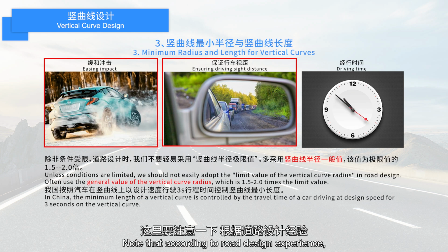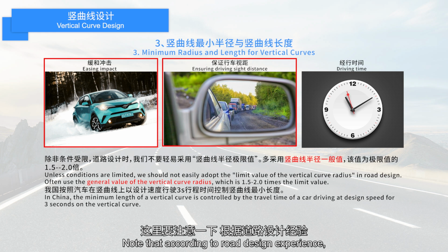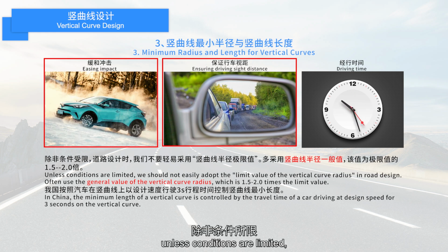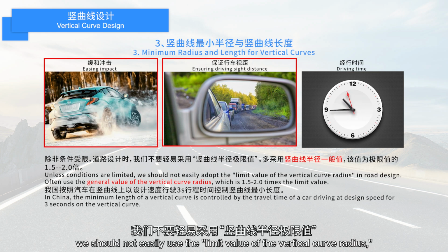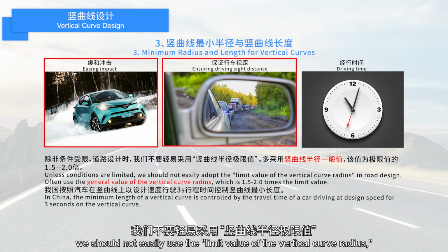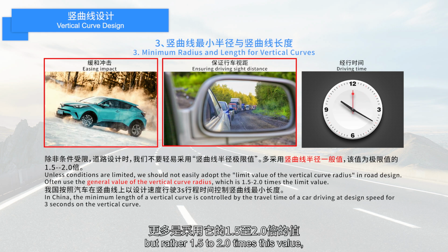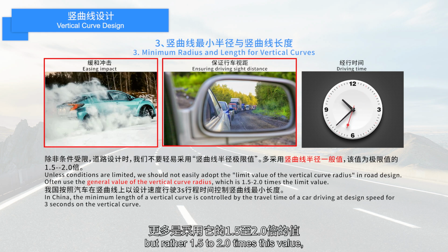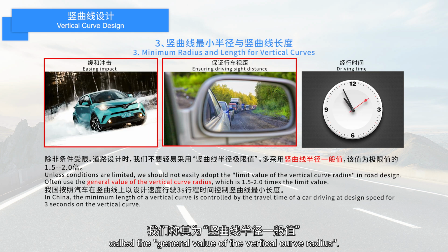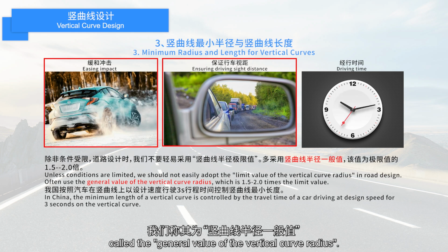Note that according to road design experience, unless conditions are limited, we should not easily use the limit value of the vertical curve radius, but rather 1.5 to 2.0 times this value, called the general value of the vertical curve radius.